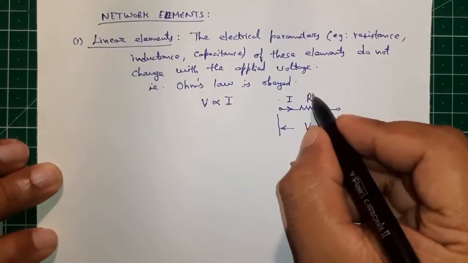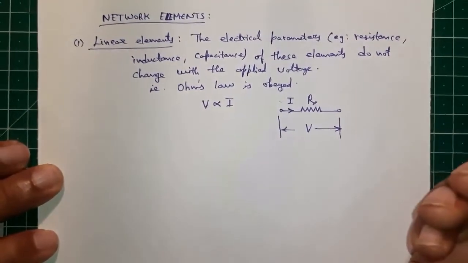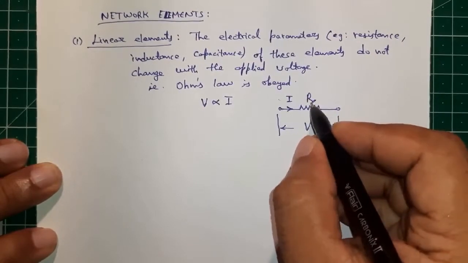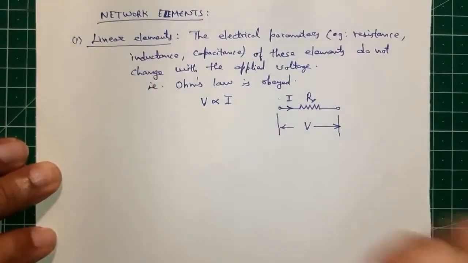R is not going to change because resistor R is a linear element.